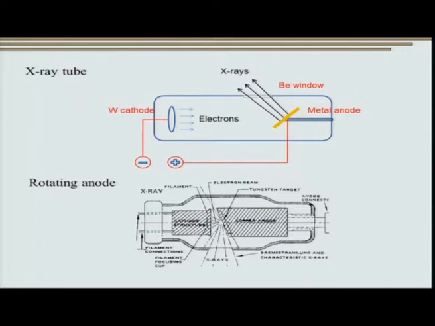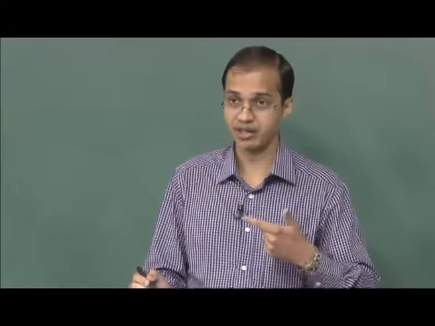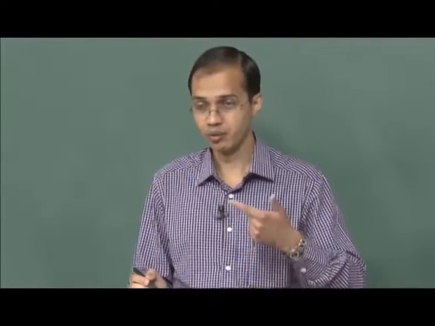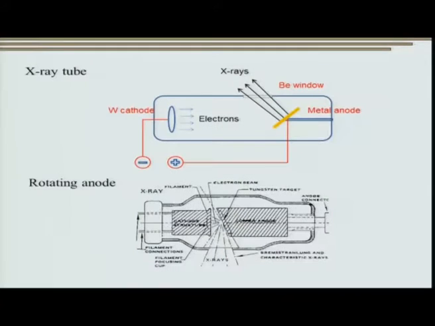This rotating anode, which is physically rotating and cooled at the same time, ensures that the electrons are hitting the anode in different regions, so the flux of electrons hitting the anode and producing X-rays can be much higher. The rotation of the anode ensures that the flux of electrons and therefore the flux of X-rays can be higher without overheating the anode.